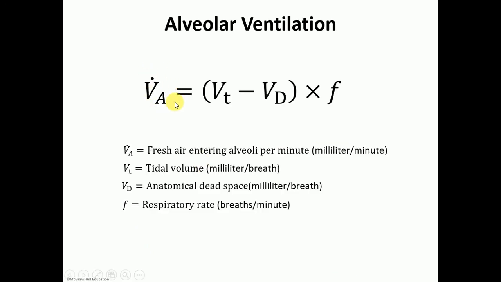So your alveolar ventilation is equal to the tidal volume minus the anatomical dead space per breath, times the respiratory rate, so how many breaths are being taken per minute. And this alveolar ventilation is a true representation of how much air is actually reaching the alveoli, and you're ignoring the anatomical dead space because, again, it has no role in gas exchange.